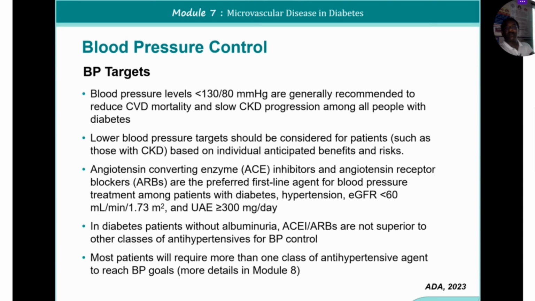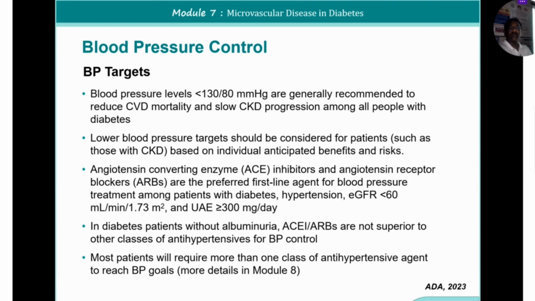ACE inhibitors or ARBs are the preferred first-line agents for blood pressure treatment with diabetes, hypertension, GFR less than 60, and urinary albumin excretion more than 300 milligrams. In diabetic patients without albuminuria, ACE inhibitors or ARBs are not superior to other classes of antihypertensives for BP control. So without albuminuria, you can use either calcium channel blockers or beta blockers or diuretics, etc. But mostly use ACE inhibitors and ARBs.